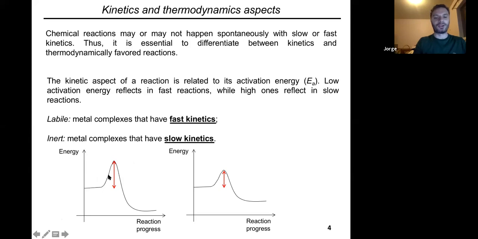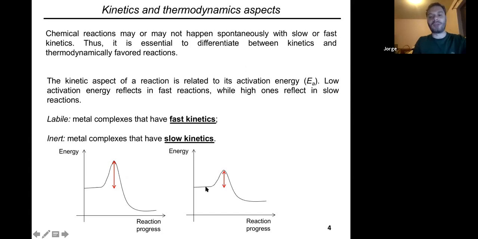The reaction needs to be activated all the way to the top, and then after that it will go by itself and finish here at the end. And this is the energy of the products. For this first one, the activation energy is the energy between the start and the top.